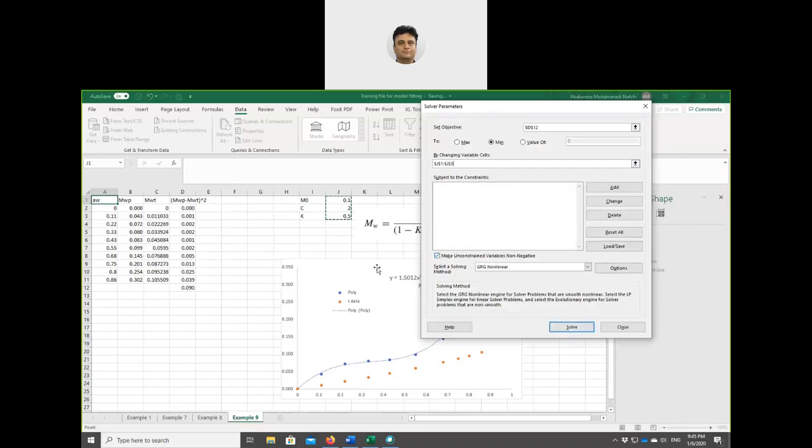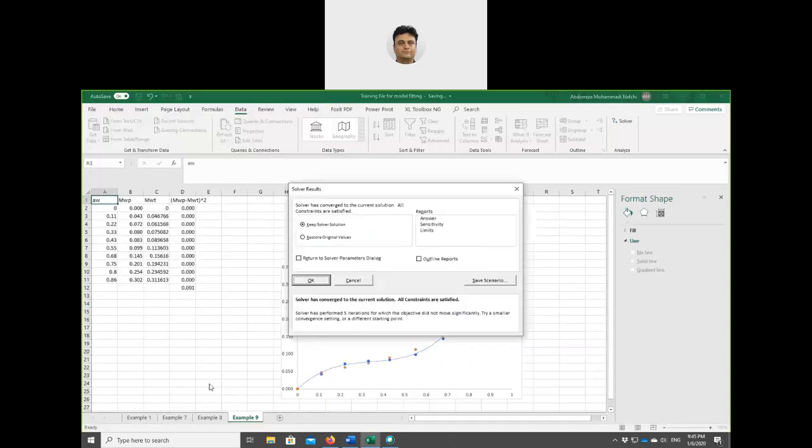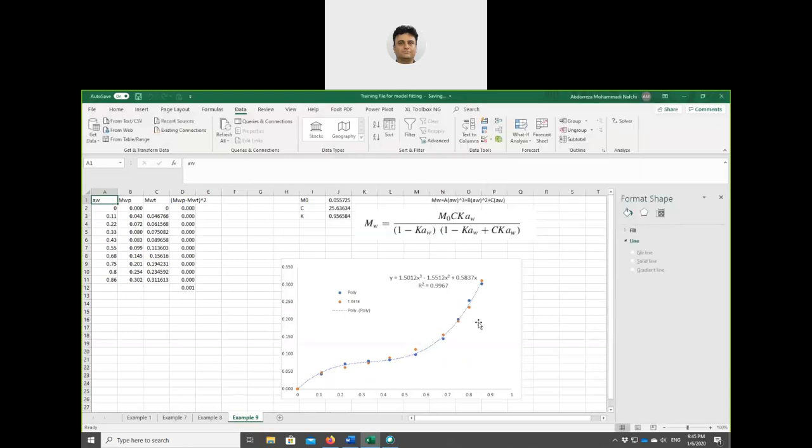Now going to solve. When it solves, just trace the orange line or orange dots and find what will happen. Okay, you can see all the orange dots are representing the GAB model.